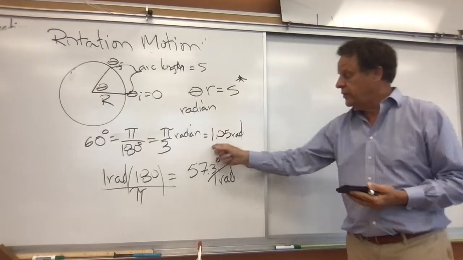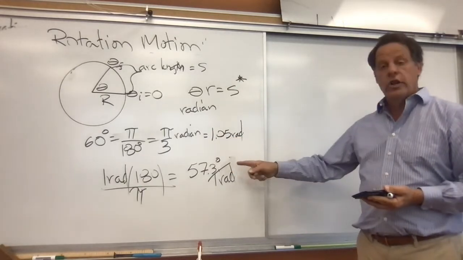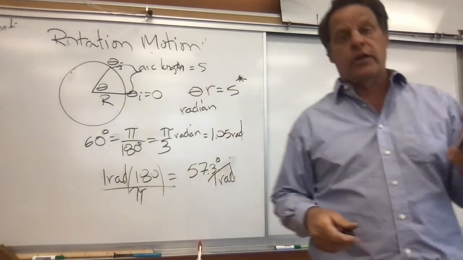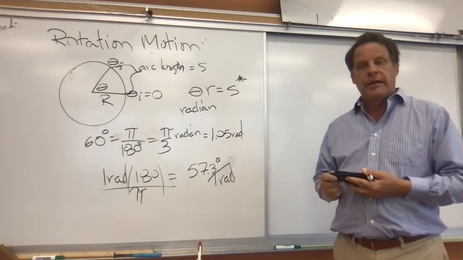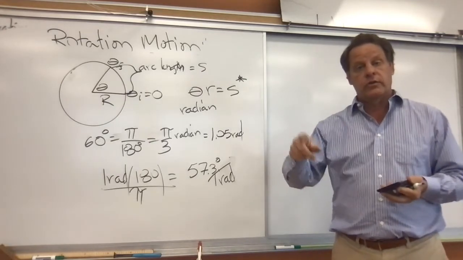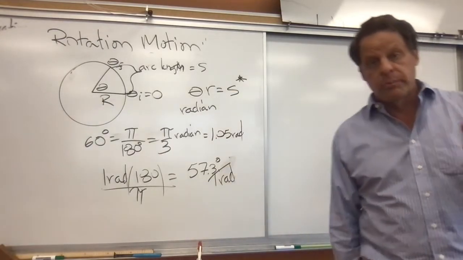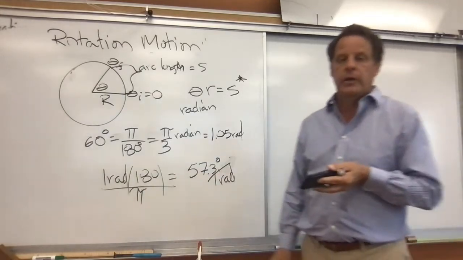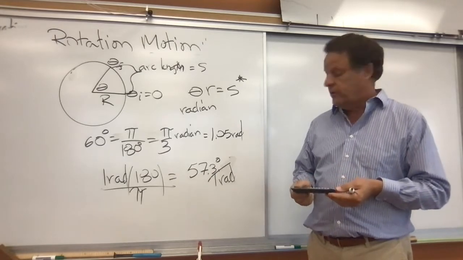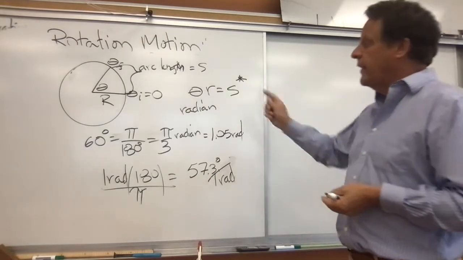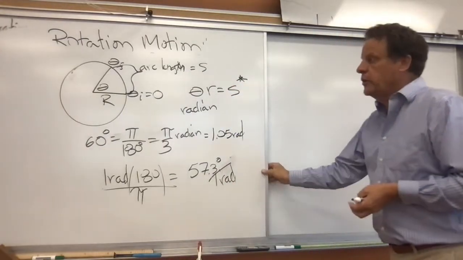So we can see that 60 degrees is just a little bit more than that. This is a handy thing to know in your head to convert from radians into degrees. If we went an entire circle, 360 degrees would be about 6.28 radians. If we take 6.28 times 57.3, we get 360. So that is converting from radians into degrees and degrees into radians.